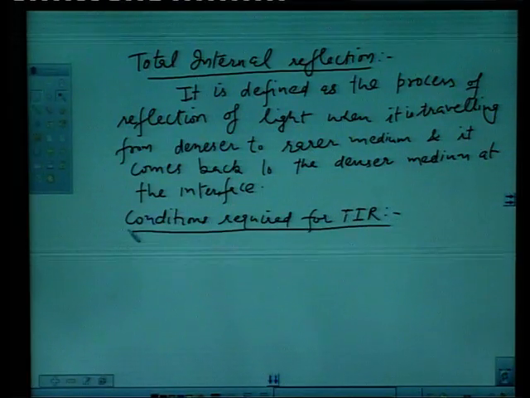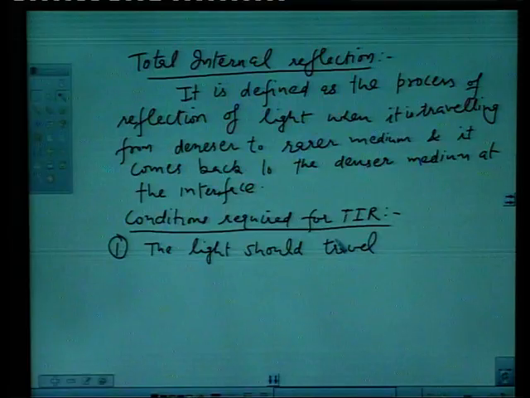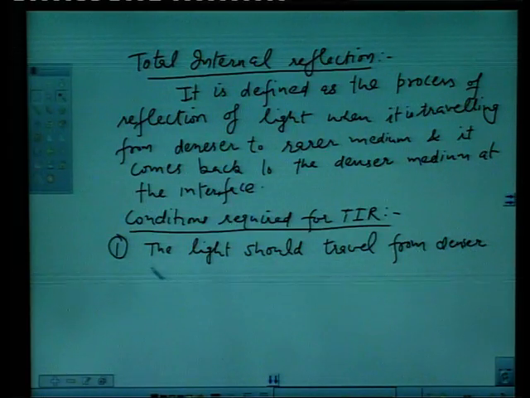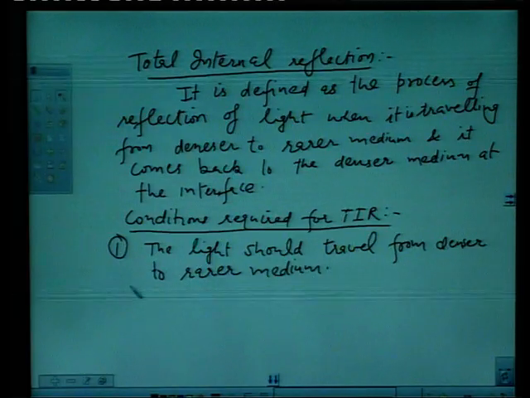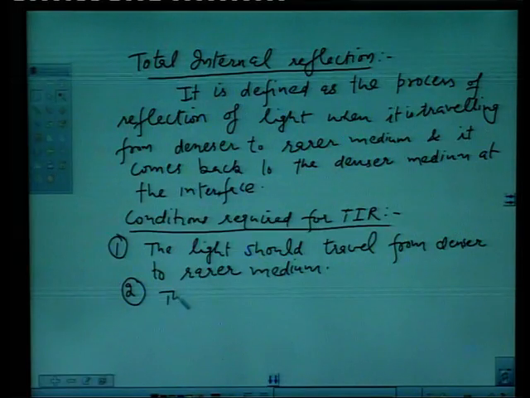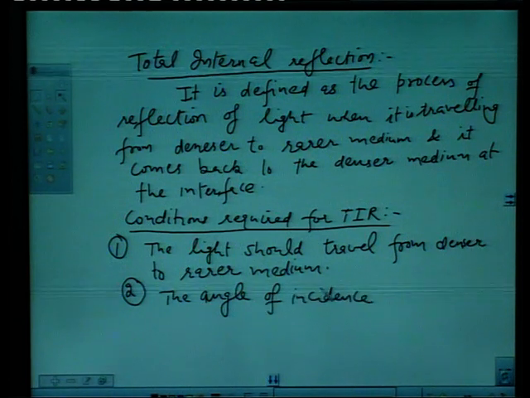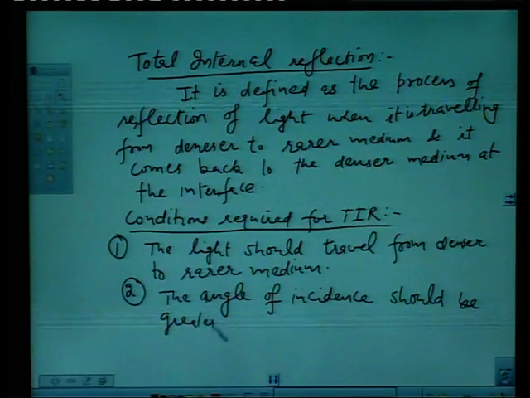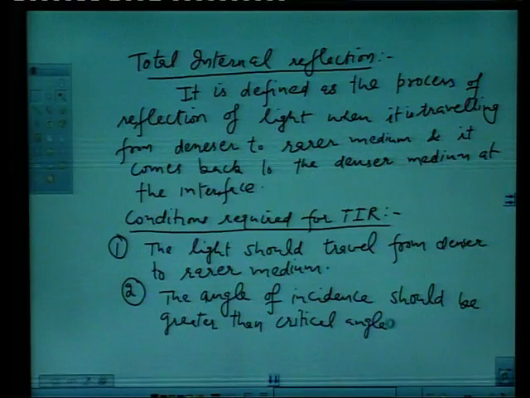The first is the light should travel from denser to rarer medium, and the second is the angle of incidence should be greater than the critical angle for the pair of media.